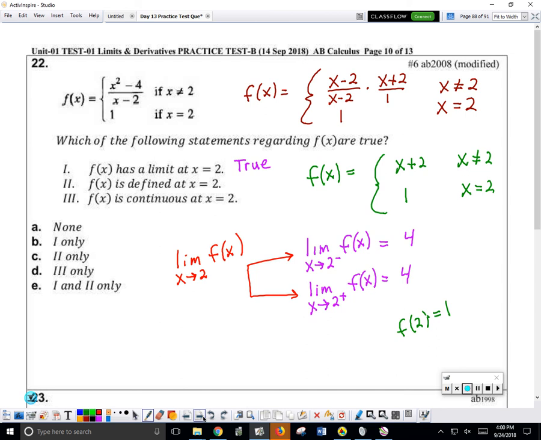We want x to be almost 2. We want it to approach. I probably said it that way before, honestly, but it's better to say the limit as x approaches 2, so you don't make the mistake of thinking the value is 2.